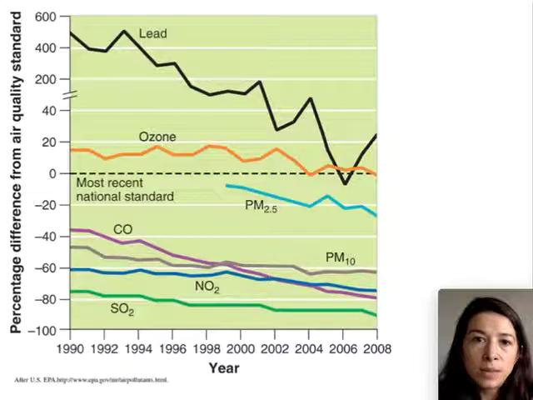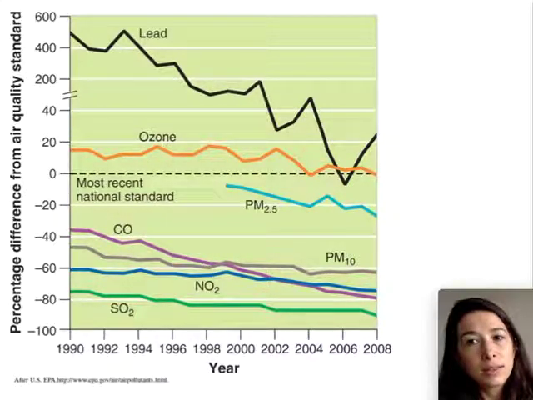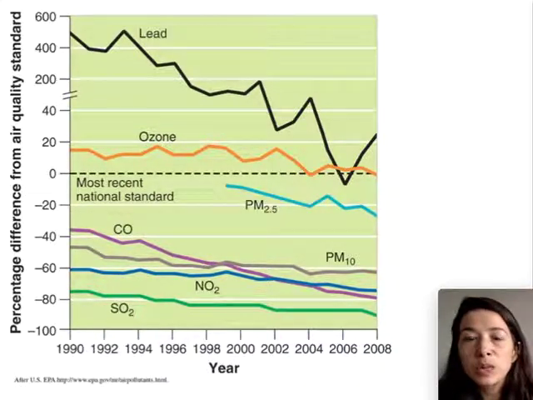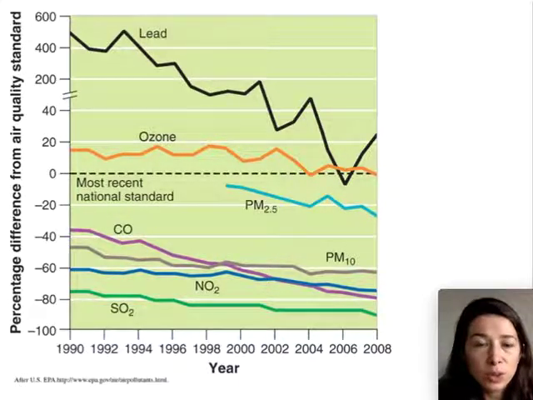Like I said in the beginning of this movie, air quality is somewhat of an optimistic topic when we talk about the environmental impact of human activity and restoration of our air resources.